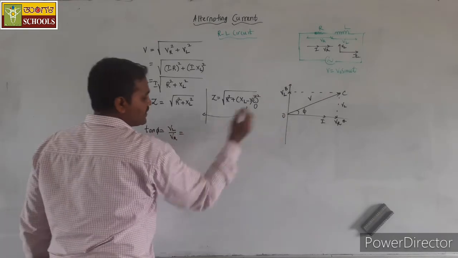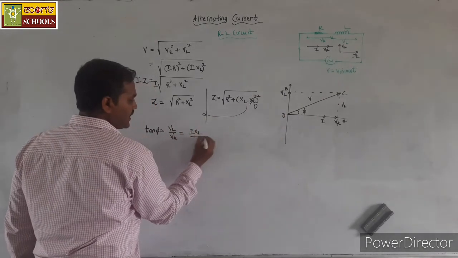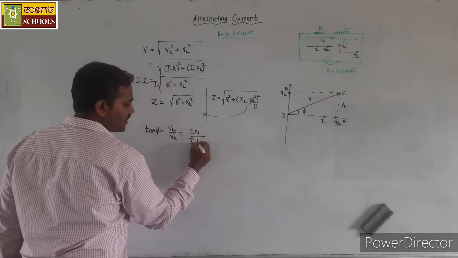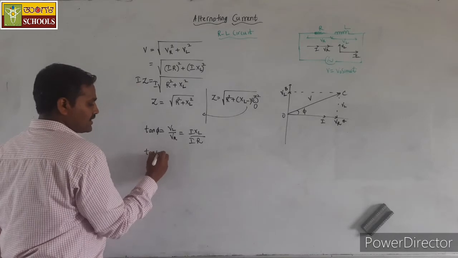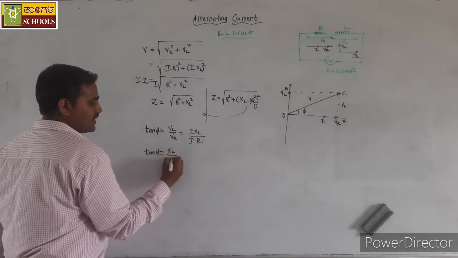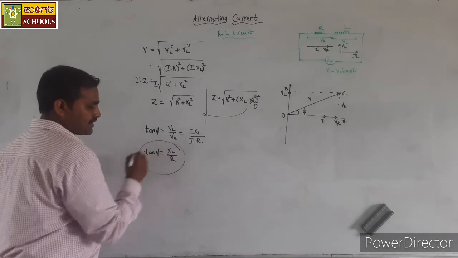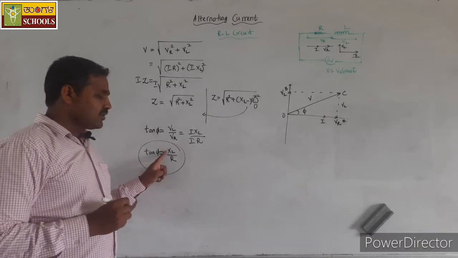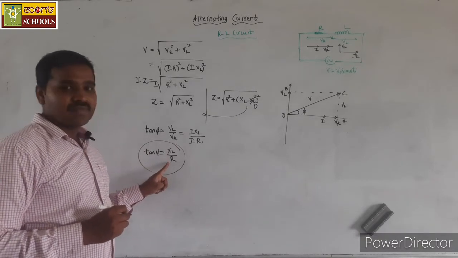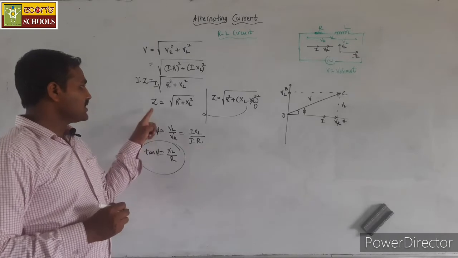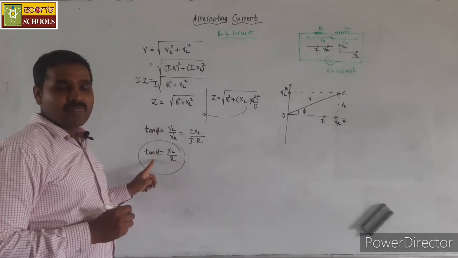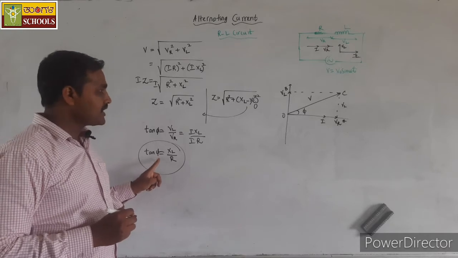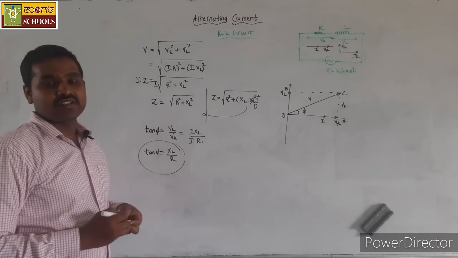VL is equal to I into XL and VR is I into R, so tan phi is equal to XL divided by R, the ratio of inductive reactance and the resistance of the resistor. This is the impedance of the RL circuit and this is the expression for the phase angle between voltage and current for the RL circuit.